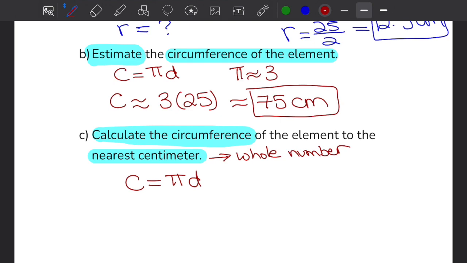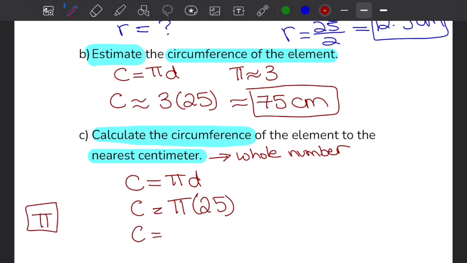I'm going to reach for my calculator, and substitute the values that I know. So circumference is equal to pi. We physically cannot write all of pi on paper, so we just write pi multiplied by 25. On your calculator, you're going to hit the pi button and then multiply by 25. So let's try that.